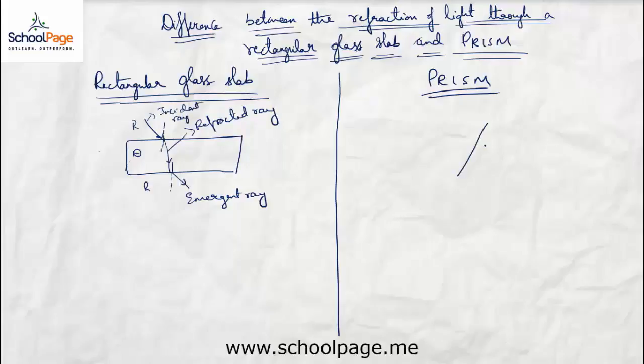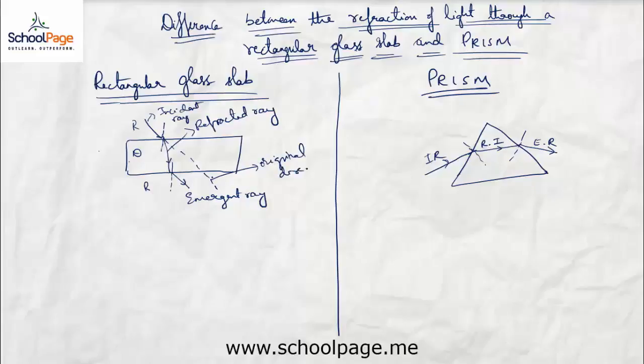So in case of prism, incident ray, normal. This is the refracted ray, which is bending towards the normal, and this is the emergent ray. So this is the original direction of the ray. I had told you that this distance is called lateral displacement.